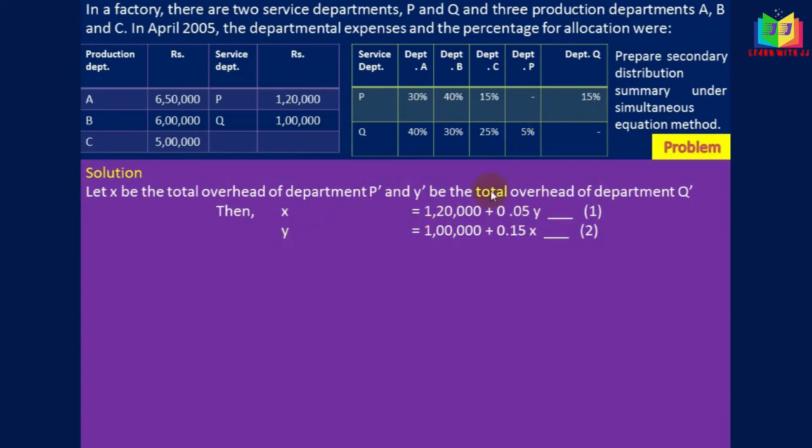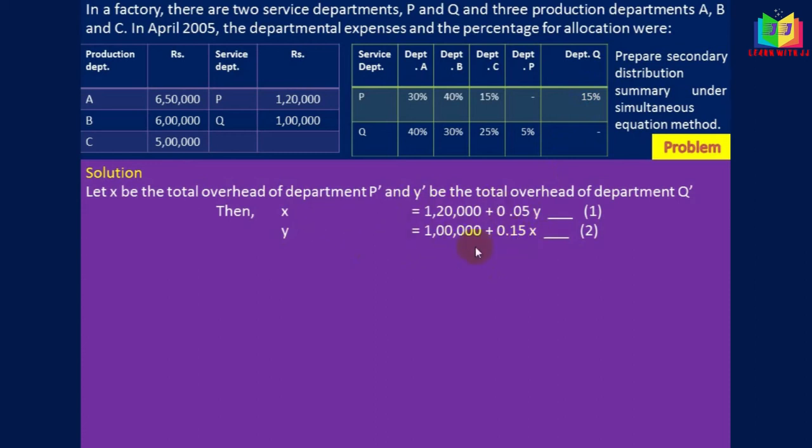Similarly for Y, it is 1 lakh plus 15% from X, so Y equals 1 lakh plus 0.15X. These are the equations we formed.